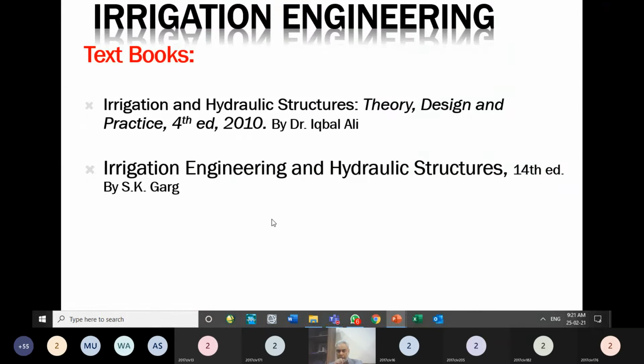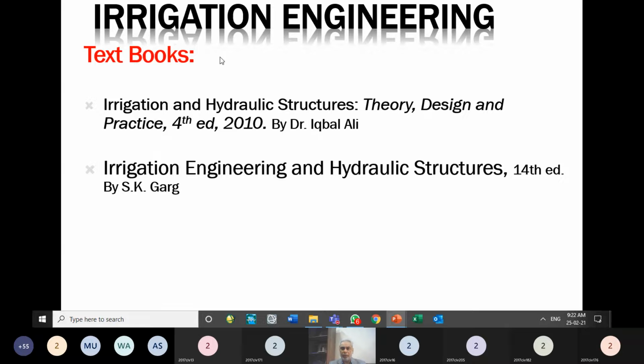The relevant books, I will say these are the textbooks. You should have access to both of these books. You should buy them if possible. You should get a soft copy if you cannot buy it. So these are the two options. Or you should get it issued from the library.